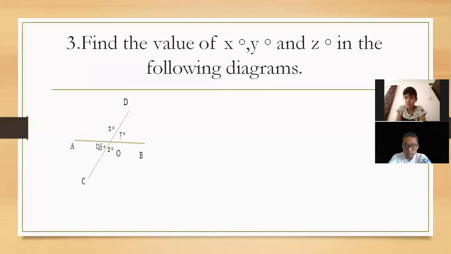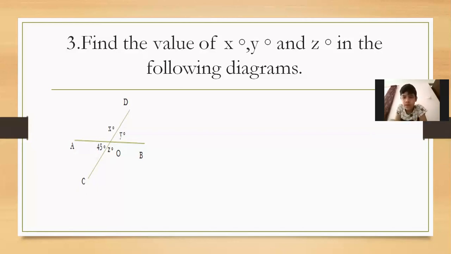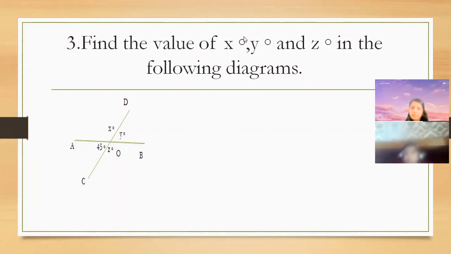In this figure, can you tell me how to find the value of x? We have to add x and 45. Okay, Aditi, we have to add x and 45.